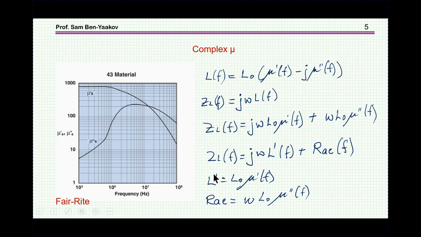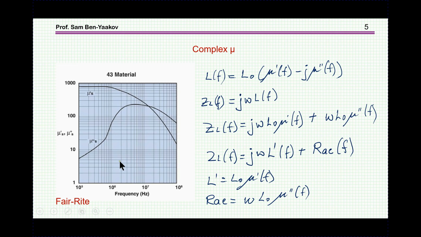So let's have a look at the materials which are used to build these ferrite beads. Now this is a typical data sheet characteristic of such a material. This is a 43 material from Fair-Rite. This is again an example. There are many companies making these beads and materials, so there's no recommendation or endorsement here, just an example.